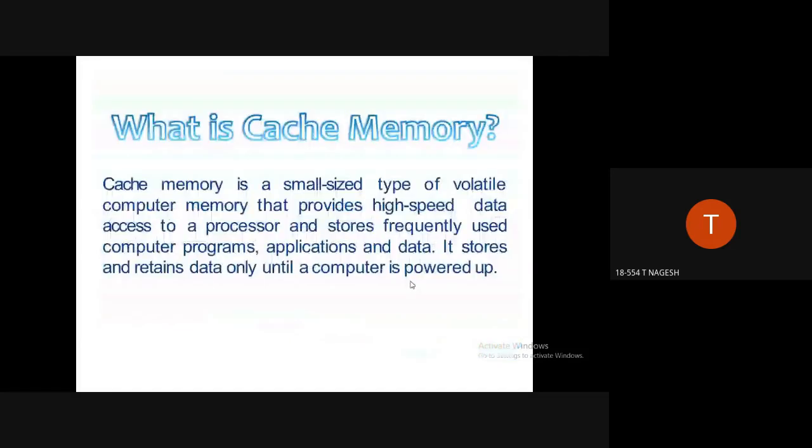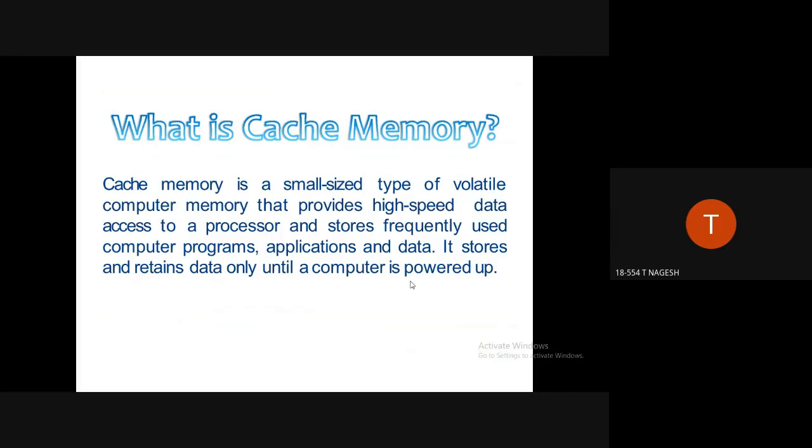Now, first of all, let us learn about cache memory. What is cache memory? The simple definition: it is a small-sized type of volatile computer memory which provides high speed data access to the processor and stores frequently used computer programs or data. In simple terms, it stores the frequently used programs or data that is there in the main memory.